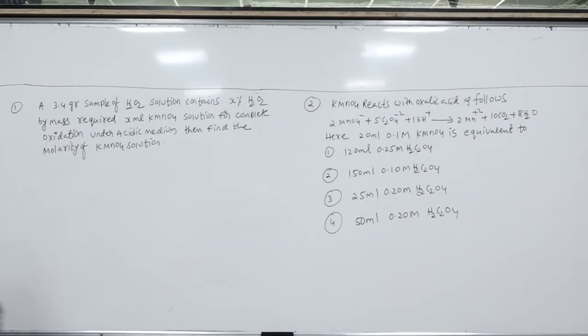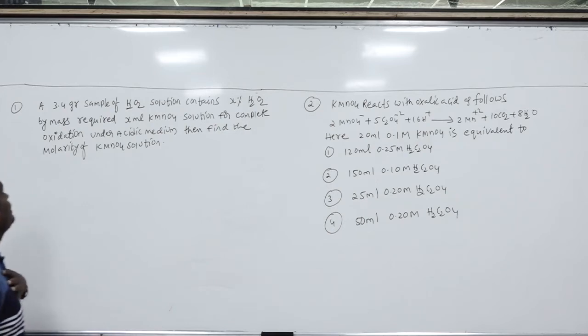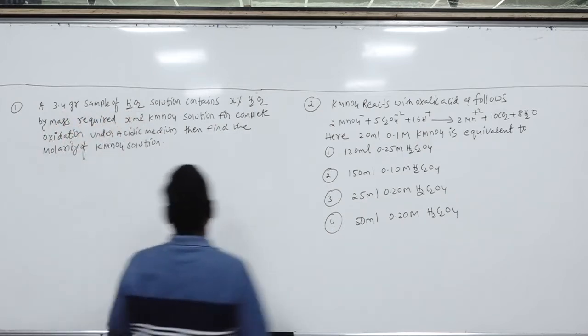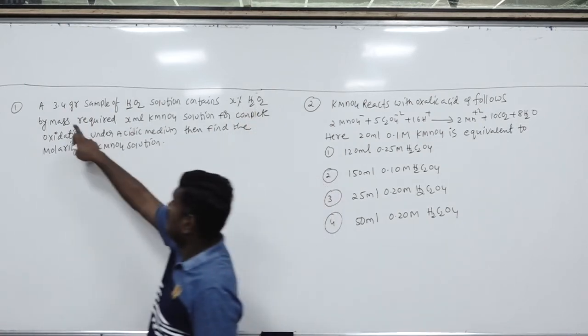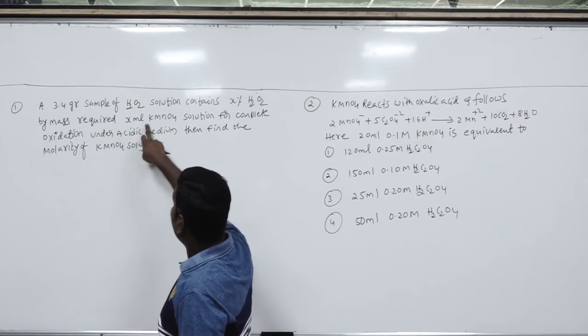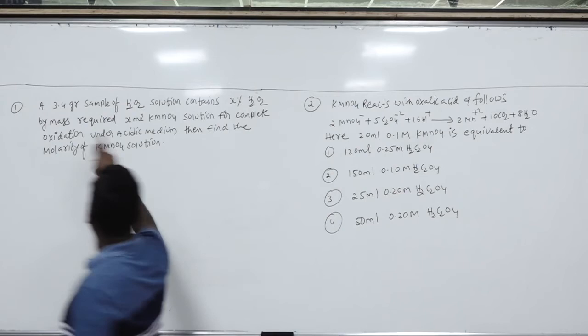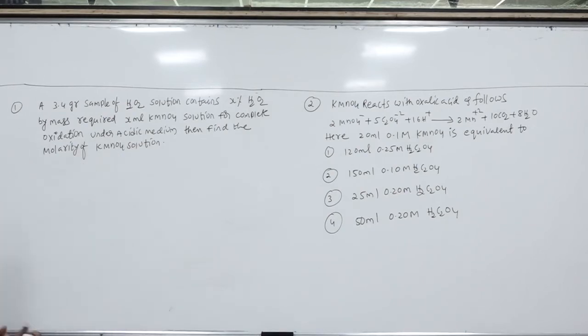Now come to some problems regarding redox titrations. A 3.4 gram sample of a hydrogen peroxide solution contains X% H2O2 by mass. It required X ml of a potassium permanganate solution for complete oxidation under acidic medium. Then find the molarity of the potassium permanganate solution.